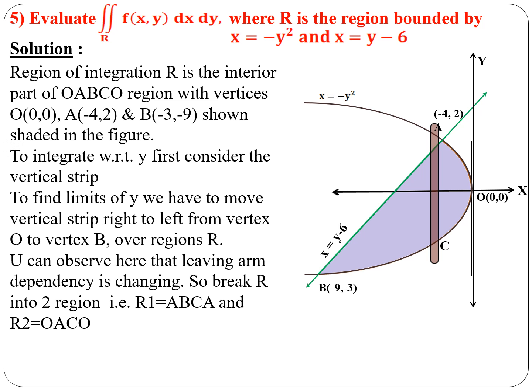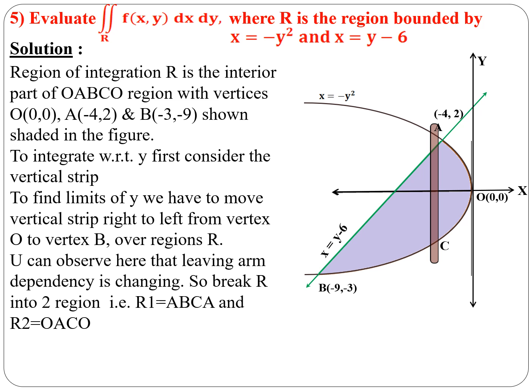So when the dependency of this strip is changing, that is where we have to break the region. This whole region OABO is now divided into two regions, R1 and R2.